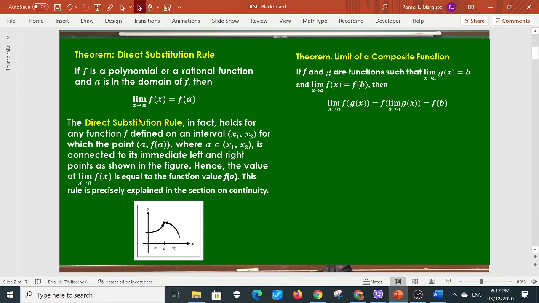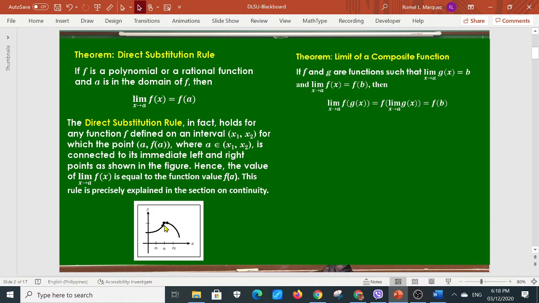then the limit of f of x as x approaches a is simply the value of the function at a. The direct substitution rule in fact holds for any function f defined on an open interval x sub 1, x sub 2, for which the point a, f of a, where a is in that interval, is connected to its immediate left and right points as shown in the figure.